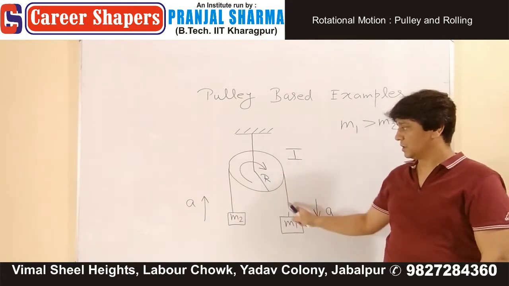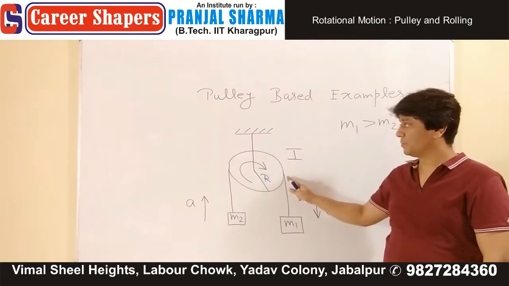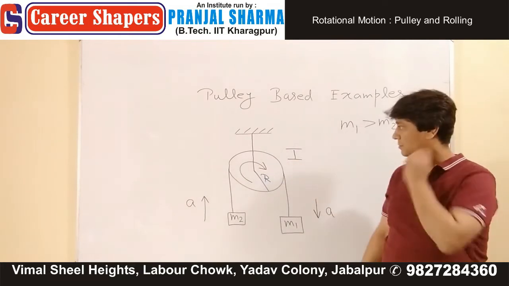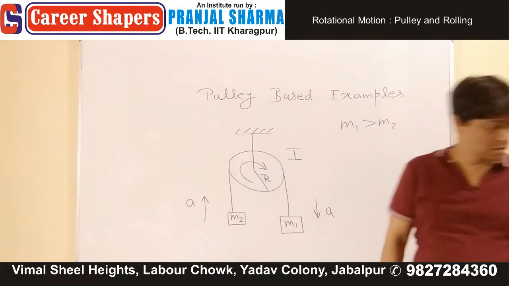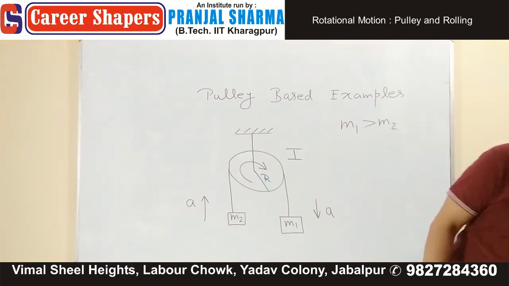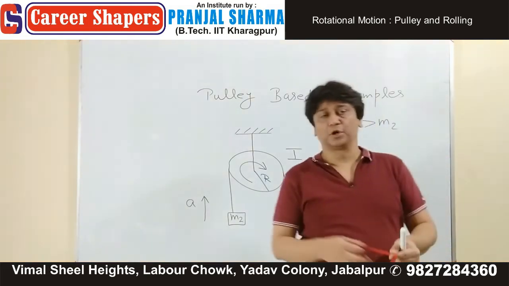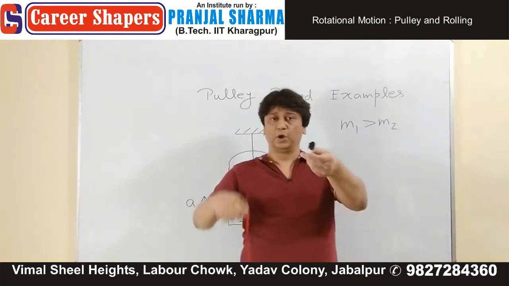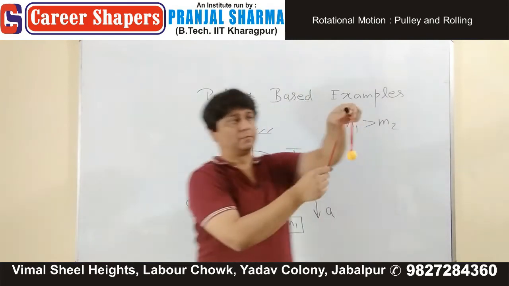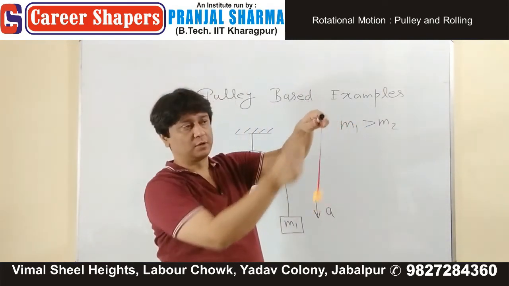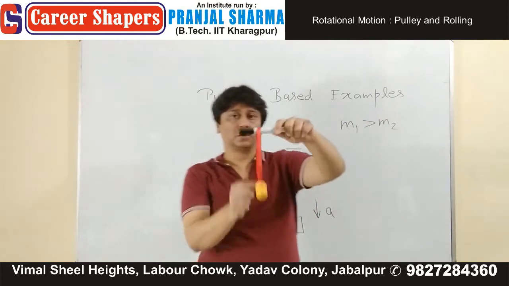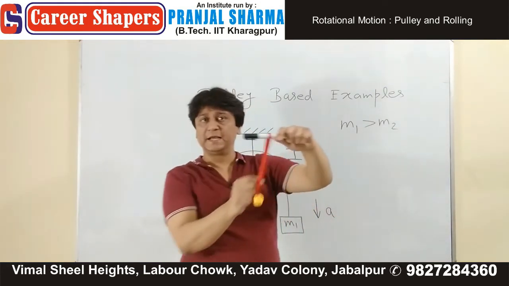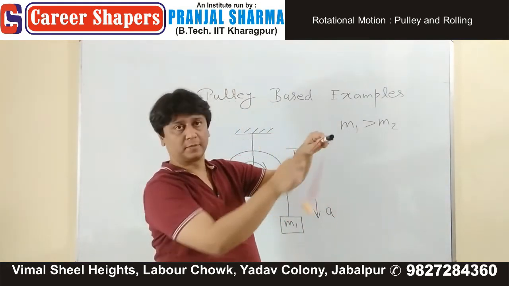Rope does not slip over the pulley. In laws of motion, the pulley had no friction, and the rope easily slipped over the pulley.